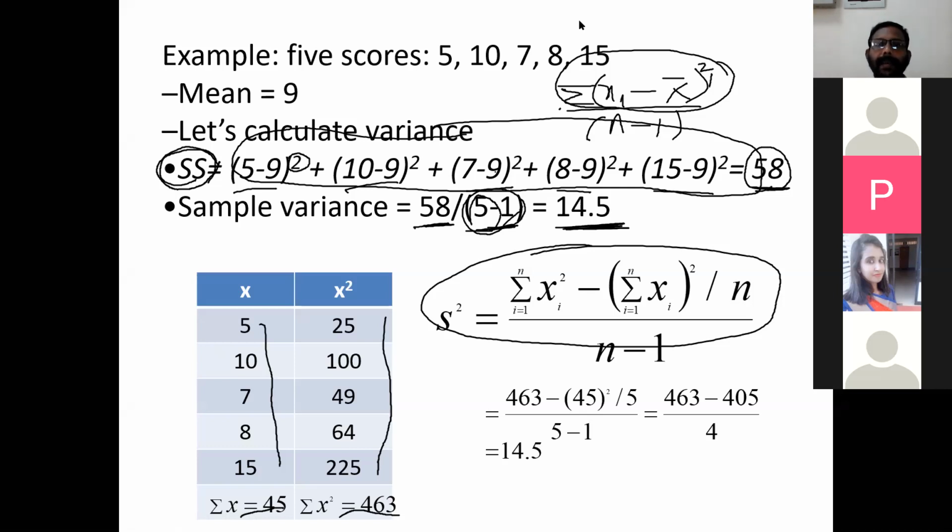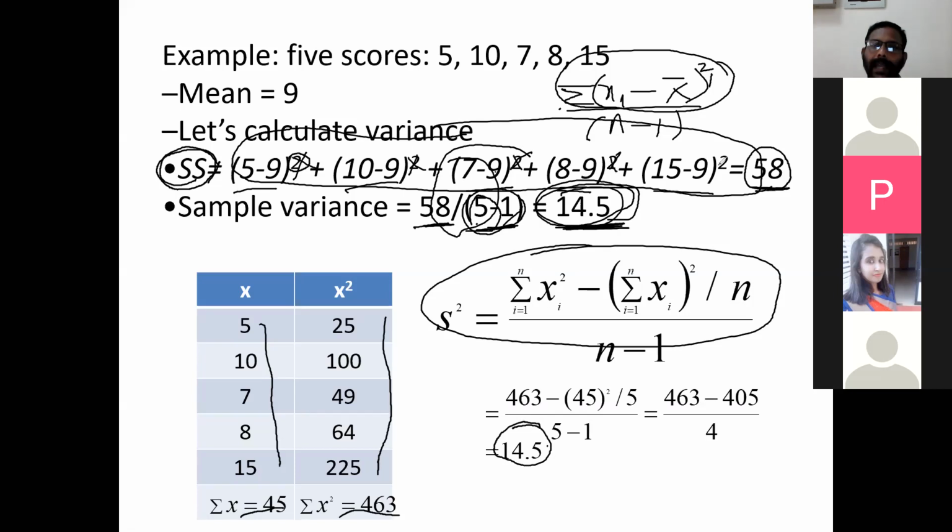If you don't get the same answer, something is wrong somewhere. So this value should be equal to this value. This is one way that we can calculate the variance, and this is another way. Suppose, let's say, if you don't square it, what will be the answer?